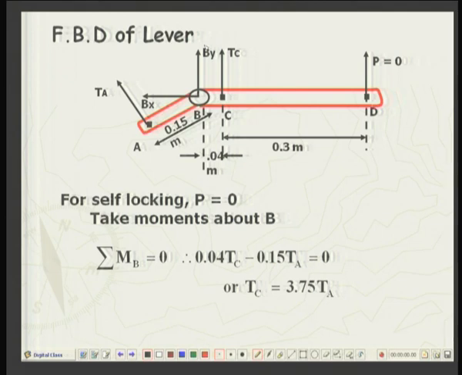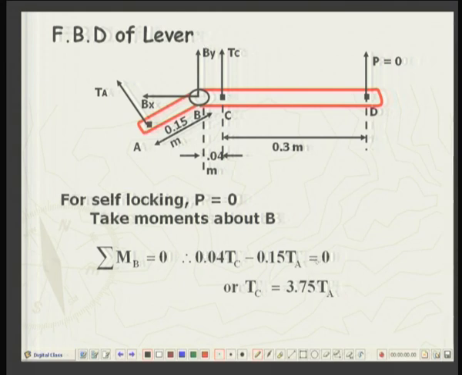So, taking moments about B and setting equal to 0 and taking the dimensions as given over here, 0.4 meters into TC, that is anti-clockwise, and this is TA into 0.15, that is clockwise.